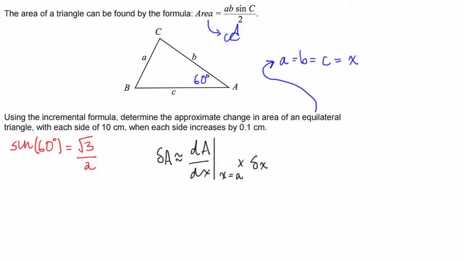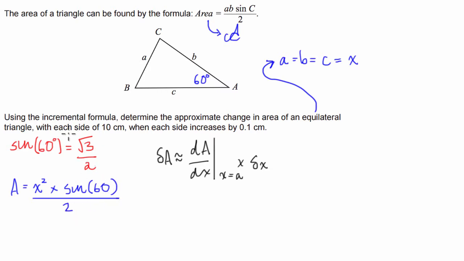Okay, so let's work out what the area of the triangle formula is going to look like, so then we can take the derivative of it. So we've got the area of a triangle equals AB sine C over 2. Now we know A is equal to B, which is X. So this is equal to X times X is X squared times sine of 60, all divided by 2.